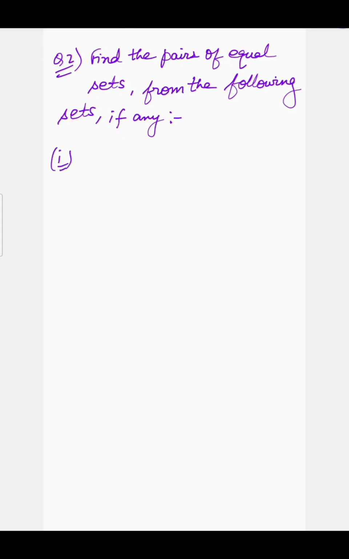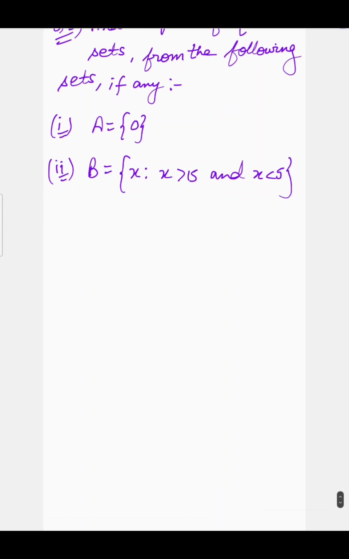So 1, A is equal to the empty set. Next, 2, B, the set of all x such that x is greater than 15 and x is less than 5.